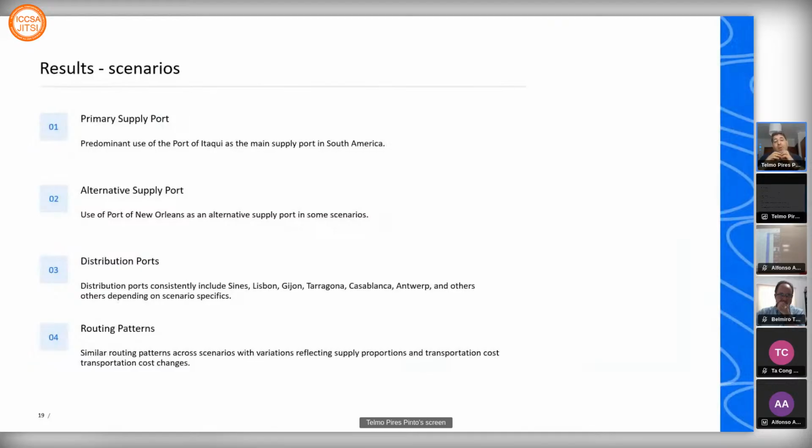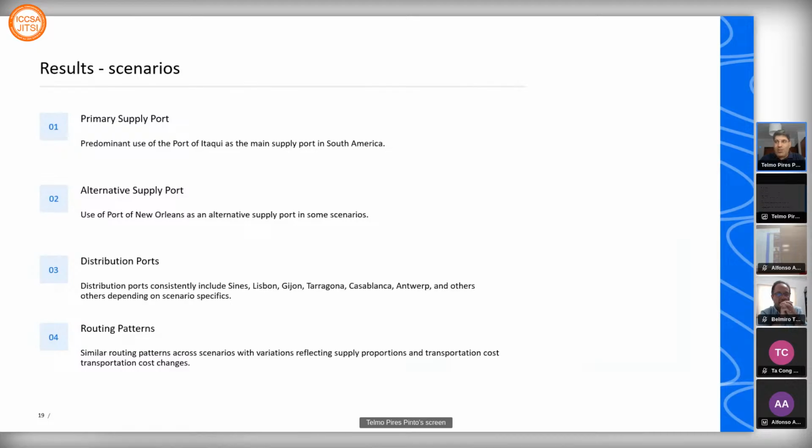In terms of results, the primary supply port that was used in South America, according to these tests, is the port of Itaqui, which serves as the main hub for receiving supplies. In some cases, the port of New Orleans is used as a kind of alternative supply port, depending on the specific scenario. For distribution, ports such as Sines, Lisbon, Gijon, Tarragona, Casablanca, and Antwerp are consistently involved, with the exact ports varying based on scenario details.